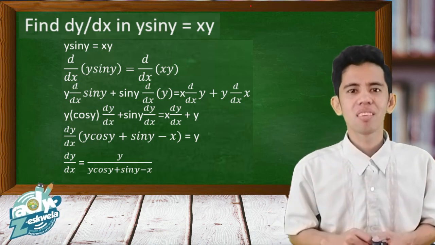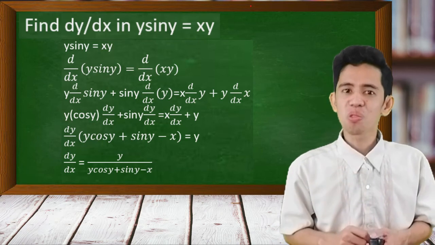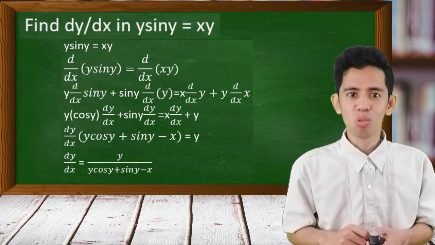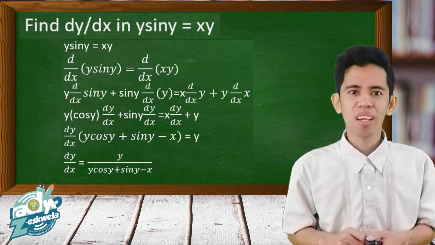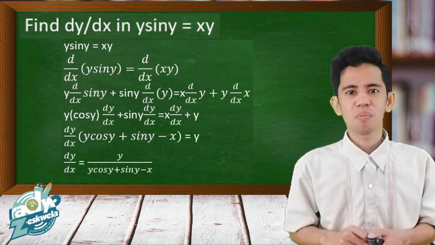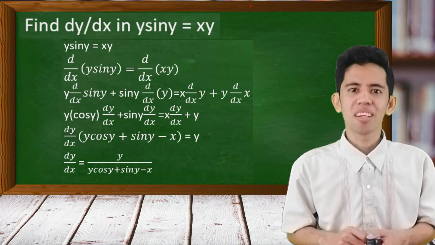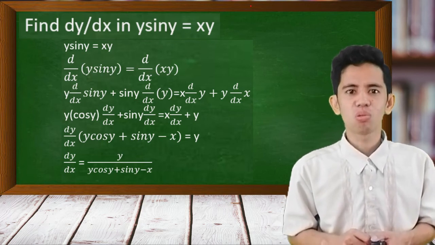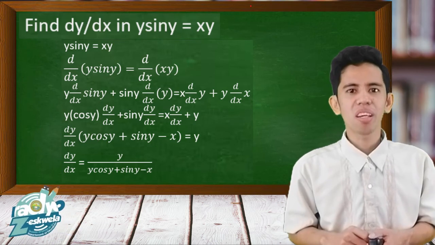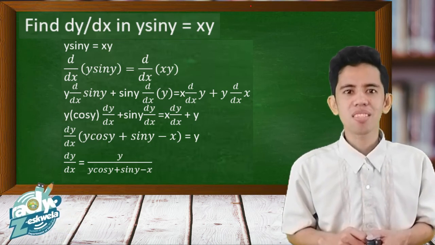That is using the product rule. Then, y cos y dy over dx plus sin y dy over dx is equal to x dy over dx plus y.